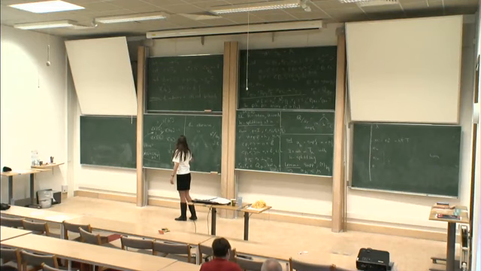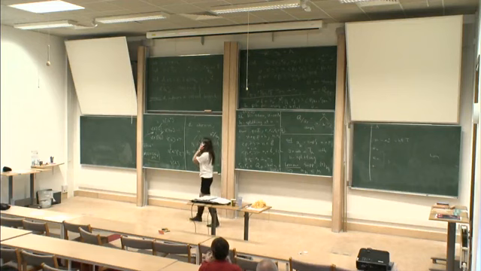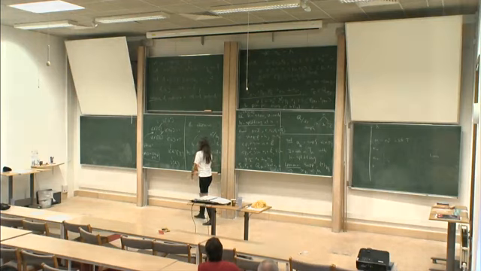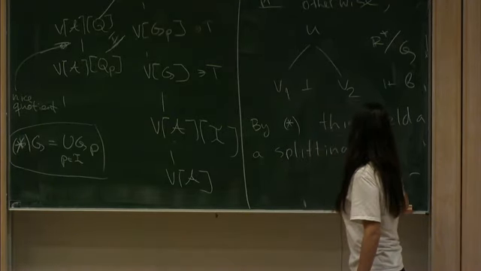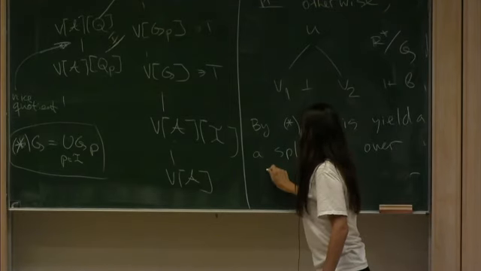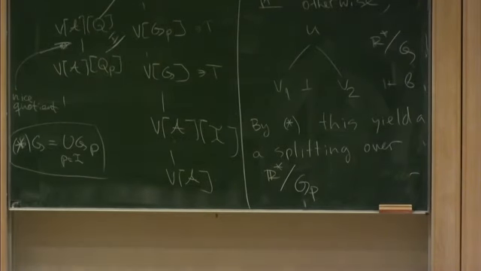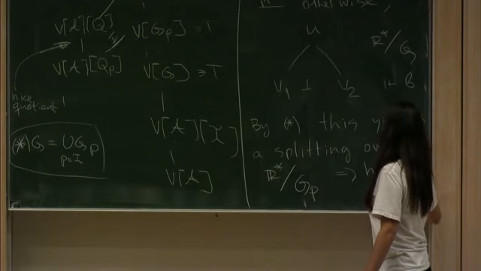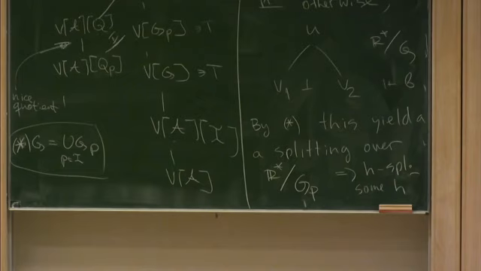But by star, and it takes a little bit of actually working out and extending the right conditions, but you end up showing that a splitting over R star mod G yields a splitting over R star mod G_P for some P. And that yields an H splitting, for some H, and you can extend H by density, so that star of H, dagger of H holds.